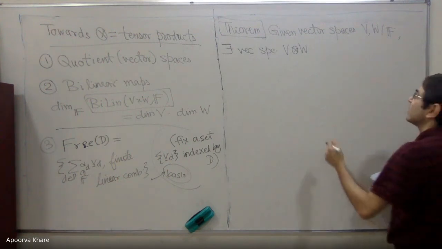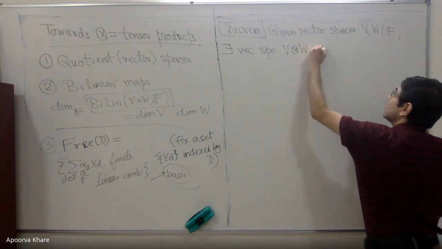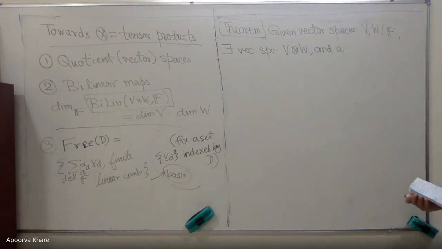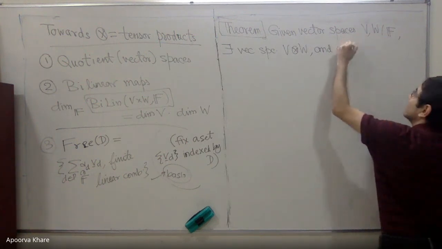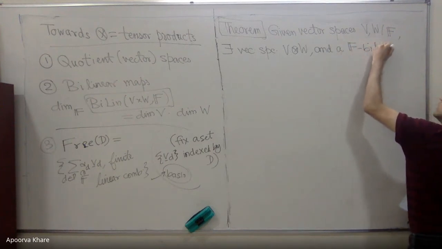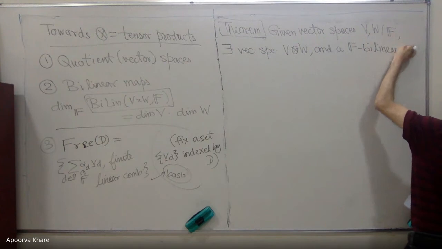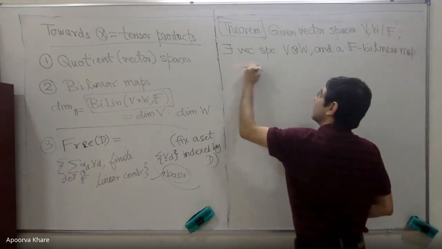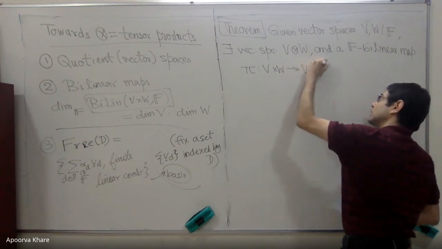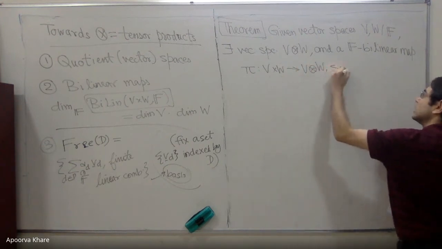And there exists an F-bilinear map pi from V cross W to V tensor W, satisfying the following property.